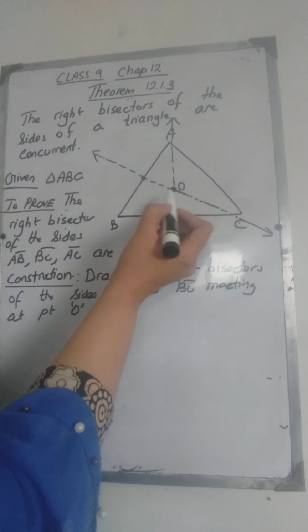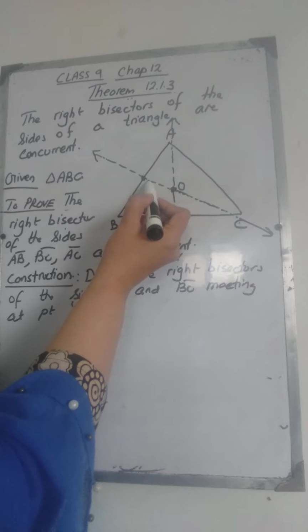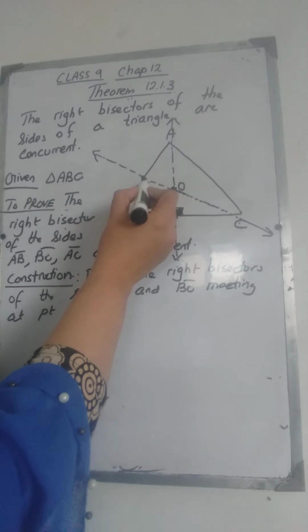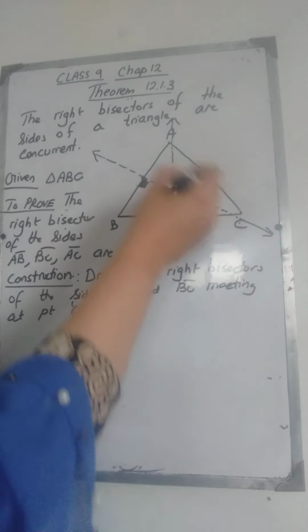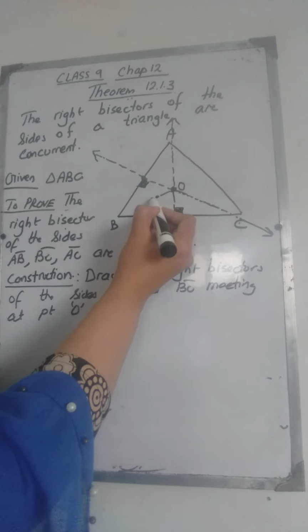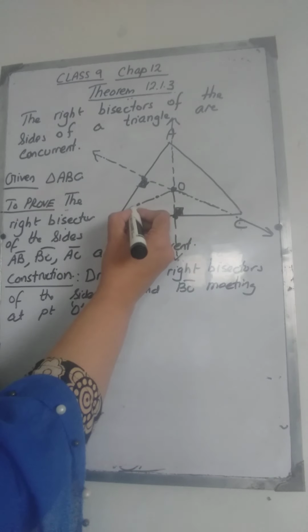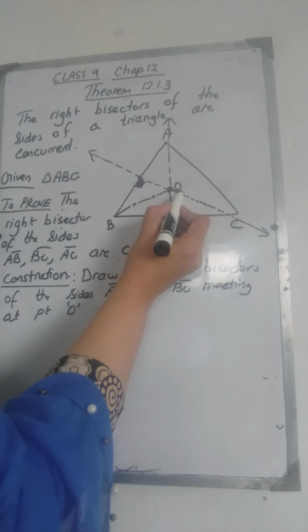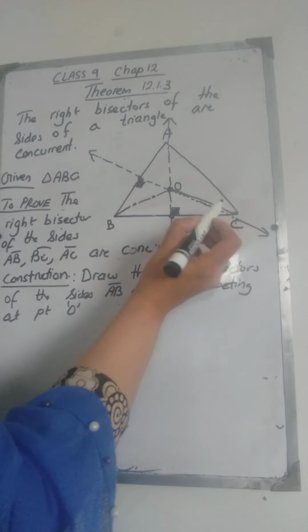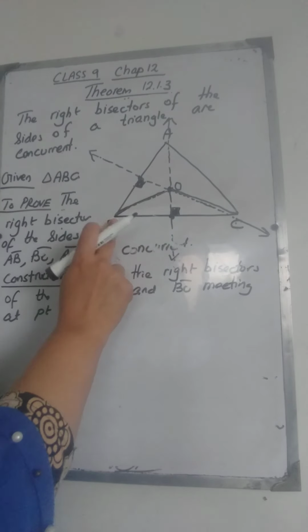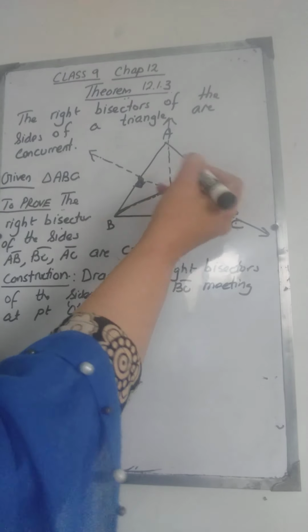Now what else you have to do: these two are the right bisectors, and join O with B, and also join O with C. Join O with B, with C, and with A also.